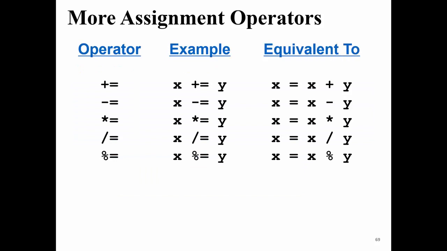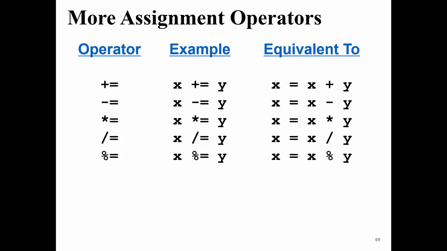Also, the Java experts made shortcuts for us. For example, if you would like to evaluate x equals x plus y, you can use the shortcut x plus equals y, which Java translates as x plus y. If you have x equals x minus y, you can still take a shortcut: x minus equals y.